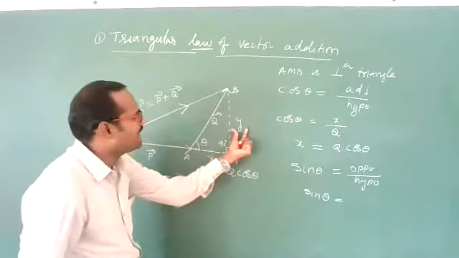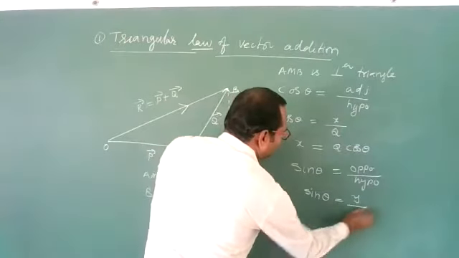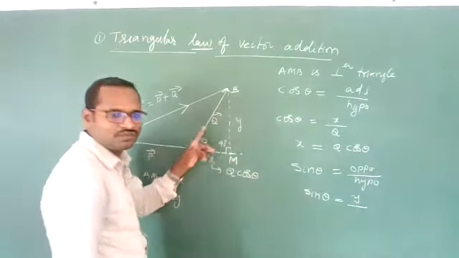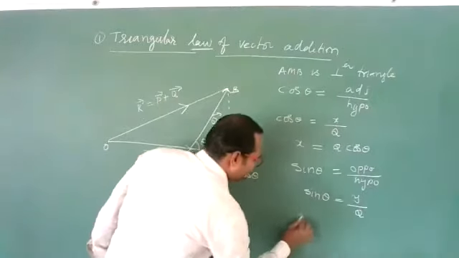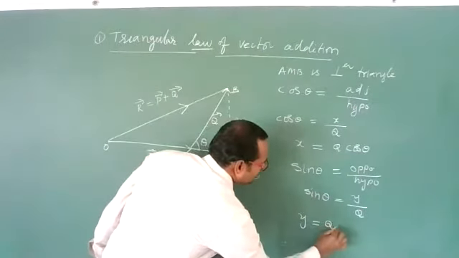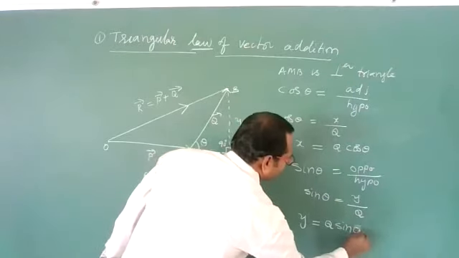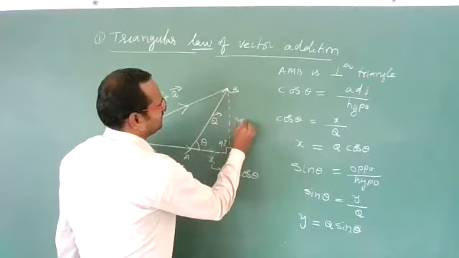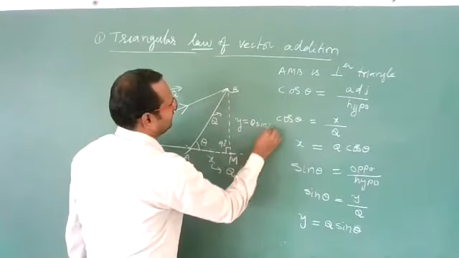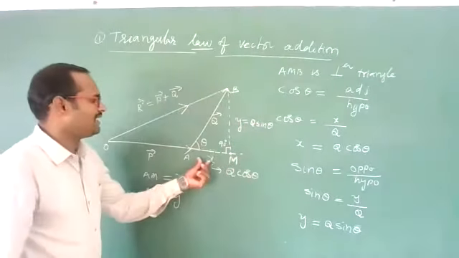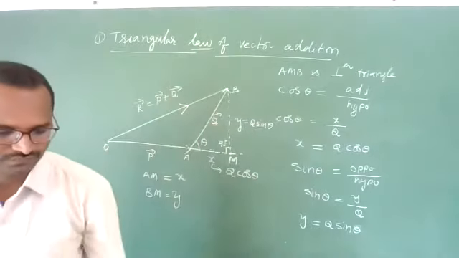BM value, how much? Y, upon hypotenuse, again Q. Then what is the y value, Nana? It is Q sin theta. Yes, it is Q times sin theta. Yes, we got the x value and y value.